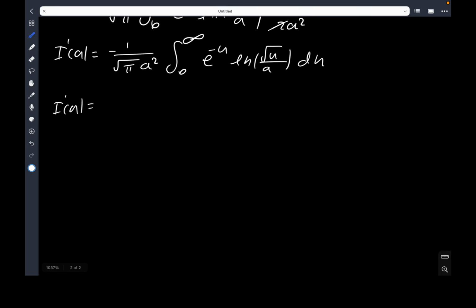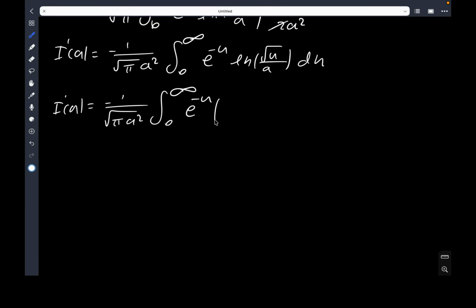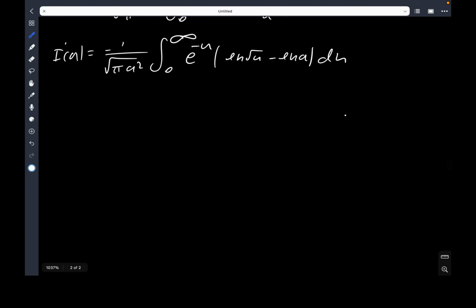I prime of a is therefore negative 1 over root pi a squared, and according to the property of logarithms, this is ln root u minus ln a du.